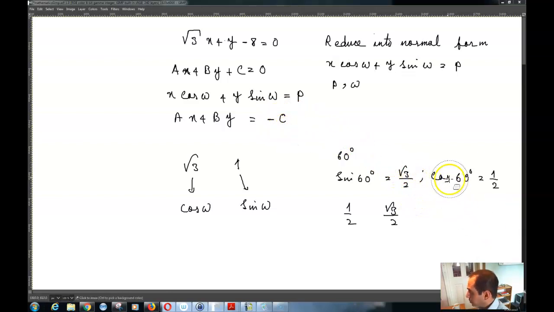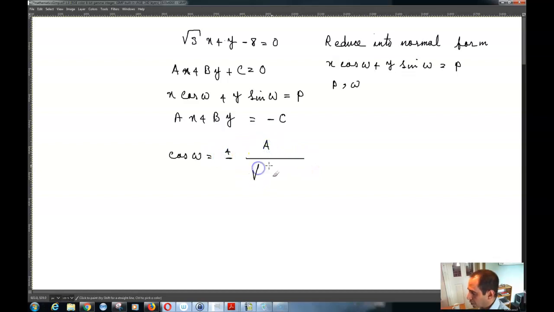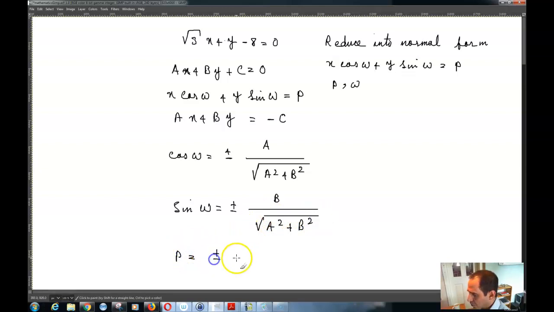So what you can do is that, you saw that in the formulas that we found, cos omega was plus or minus a over the square root of a squared plus b squared, and sine omega was plus or minus b over the square root of a squared plus b squared, and p was again plus or minus c over the square root of a squared plus b squared.